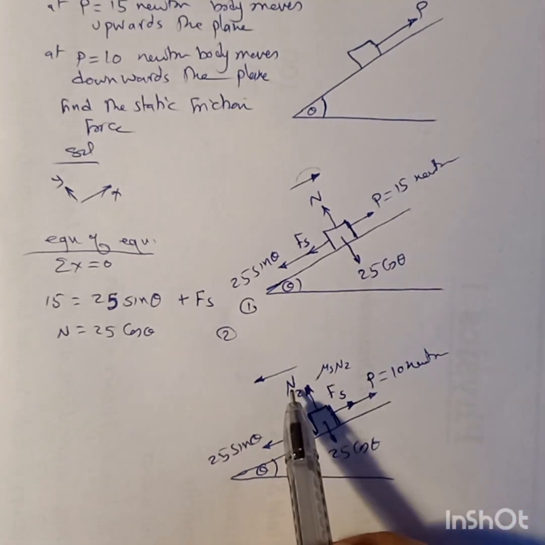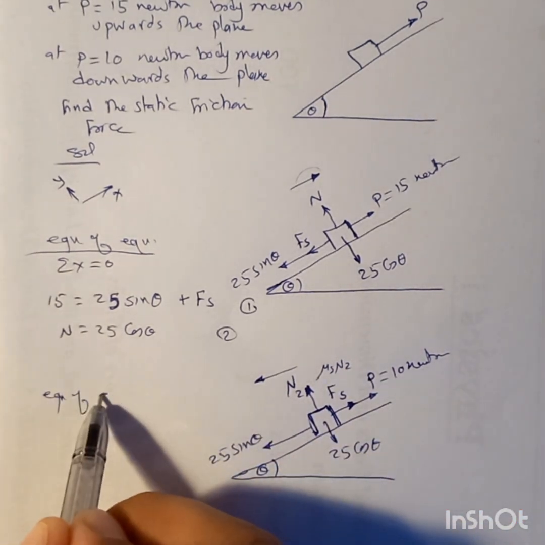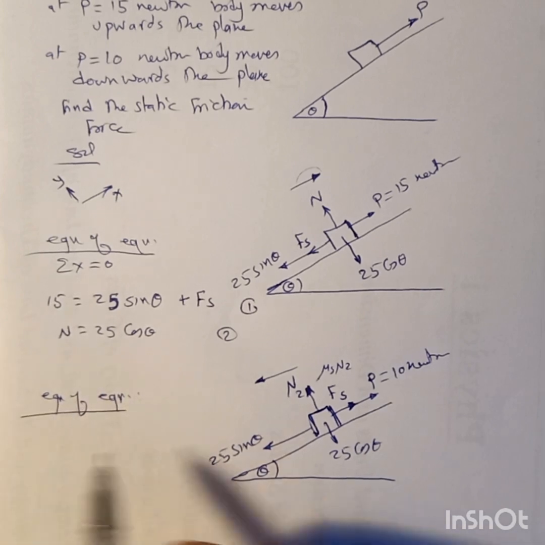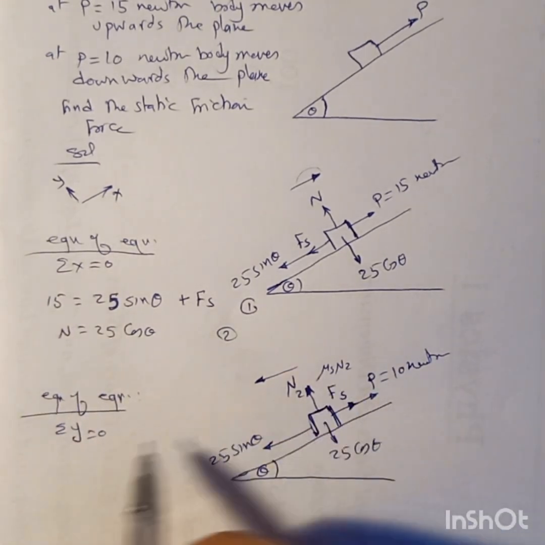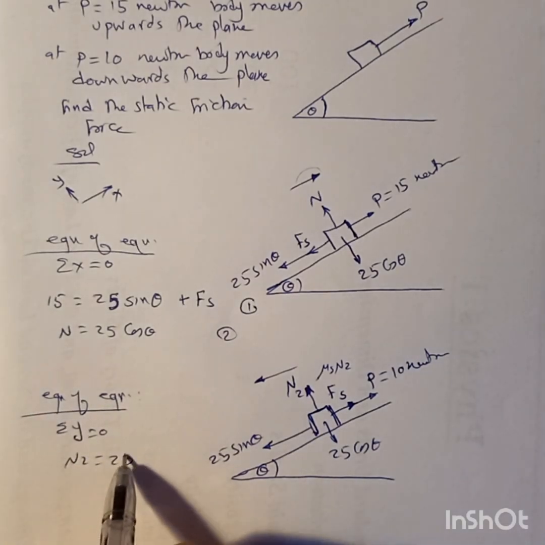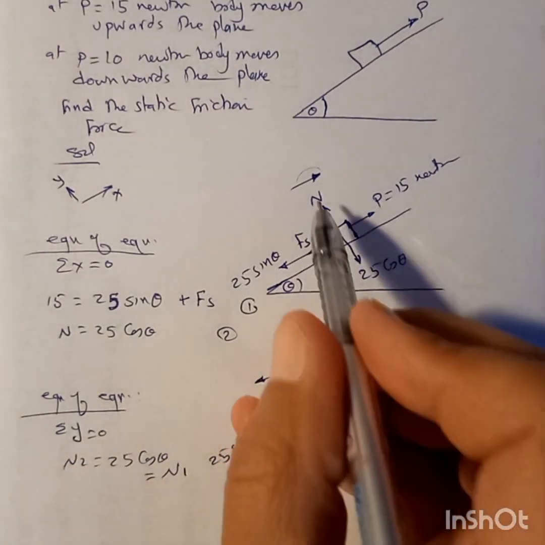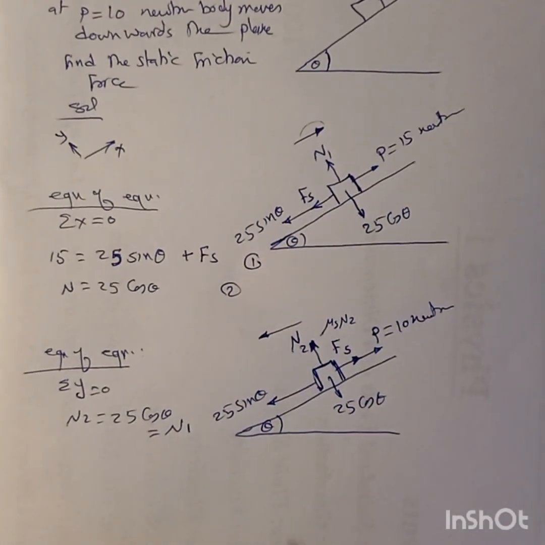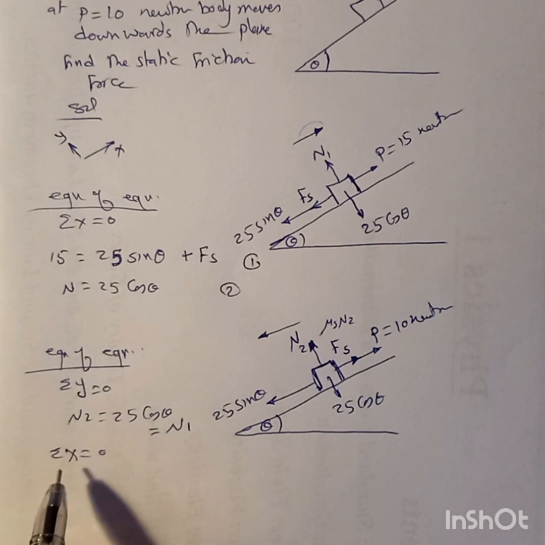Also Fs in this case is mu s N2. Now we have to apply the equations of equilibrium. If we start with the summation of y equals 0, we have N2 equals 25 cosine theta, which equals N1, or N in this case. Then we can also apply summation of x equals 0.